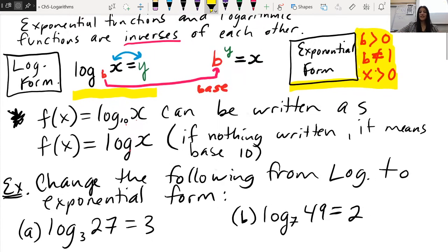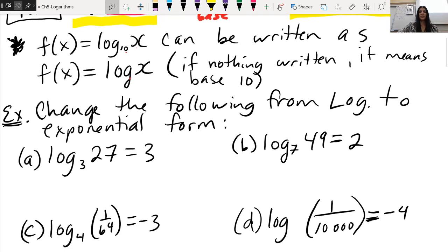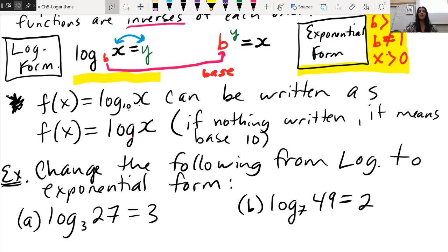I briefly started to show you this yesterday, and then maybe we hit a point where it wasn't going so well. But now that we are a little bit familiar with what a logarithm is and how to write it and how to change it to exponential form, the next thing is that if we have log base 10 of x, we can just write that as log x.